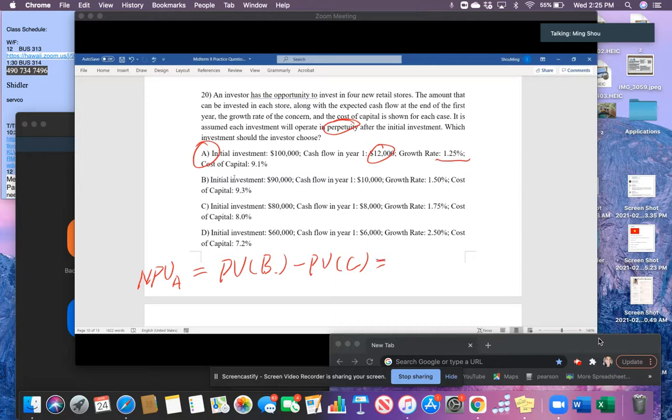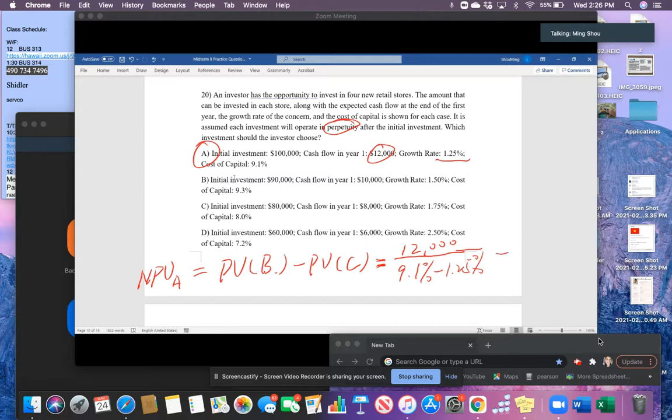After we find that, we can easily calculate the present value for the benefit cash flows. It will simply equal our first benefit cash flow, 12,000, divided by the difference between the discount rate, 9.1%, minus the growth rate, 1.25%. This is the present value for benefit, and we still need to subtract the present value for our cost.